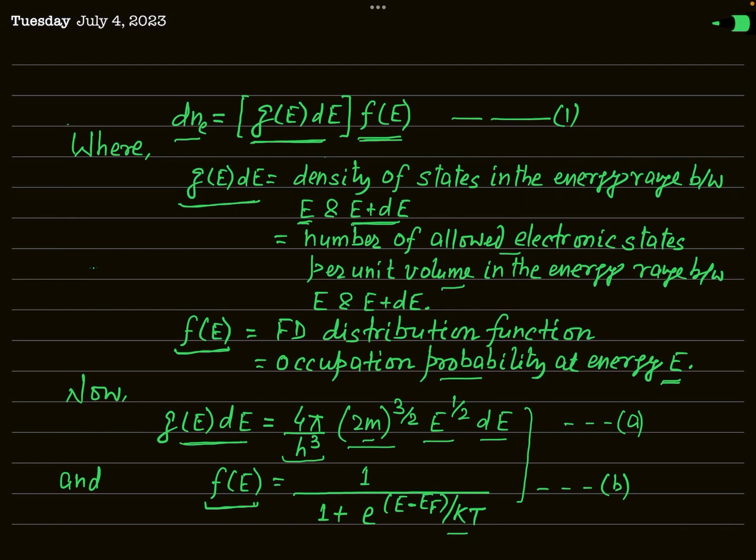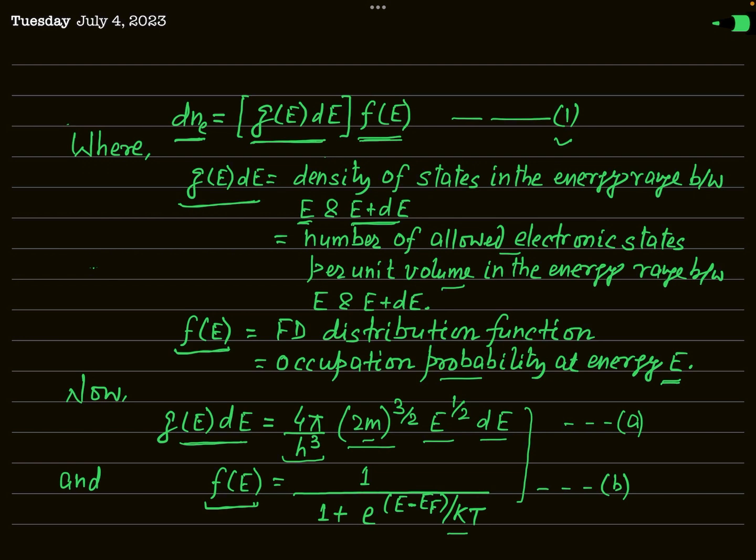So now you can put the values of g(E) dE and f(E) from equations A and B in this equation 1 to get the value of dn_E, which is the number of free electrons per unit volume having energy between E and E plus dE. In this certain limit of energy, this many electrons lie.